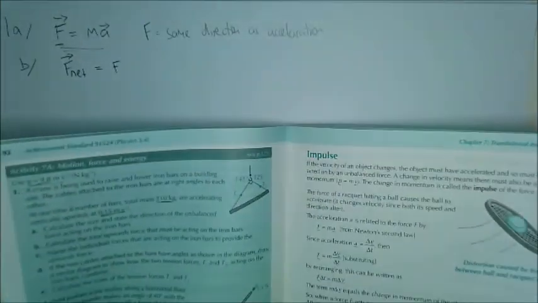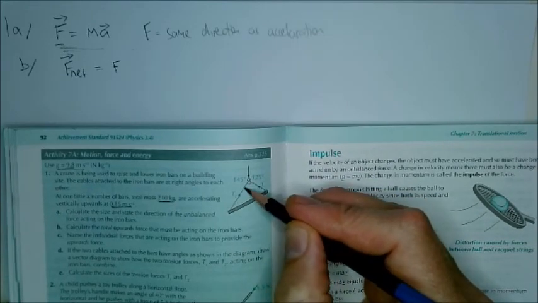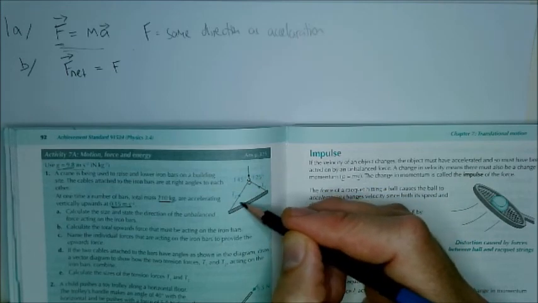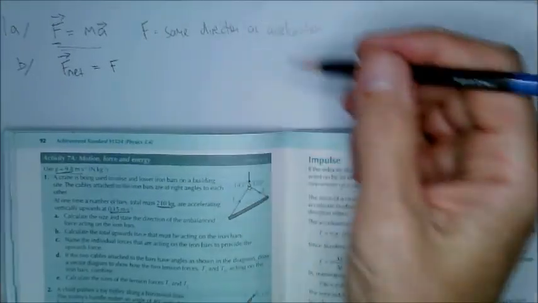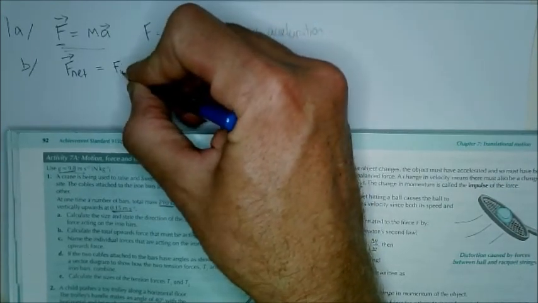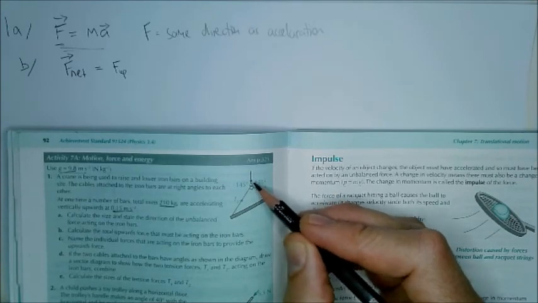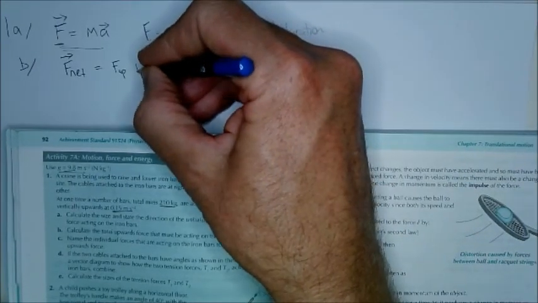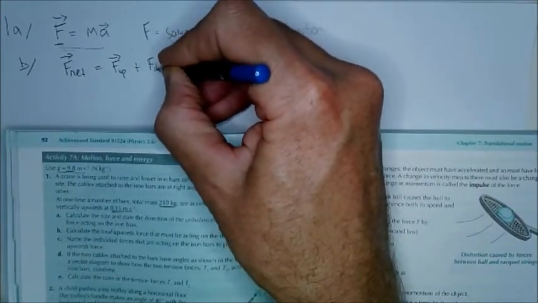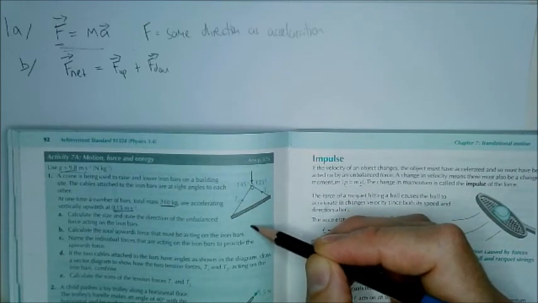Now on the bar, if we think about the forces on the bar, let's assume that this rope here, and the bar, let's just treat them all as one. So in our system we'll have an upward force from the tension on this main rope here, and the other force that we're going to have is a downward force from gravity acting on the bar.